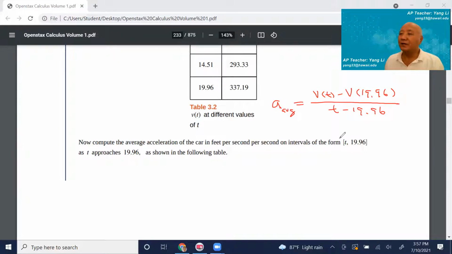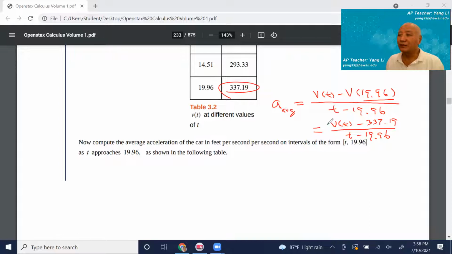And then we know we can find V(t) minus this one, and this one equals this now. So you have 337.19 divided by t minus 19.96.